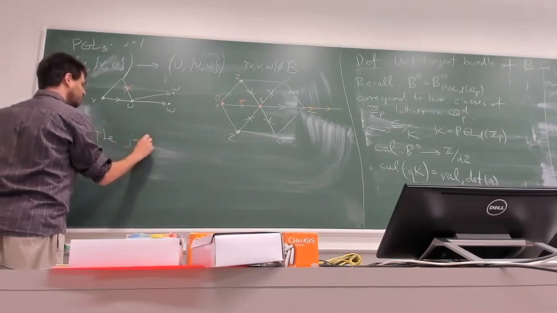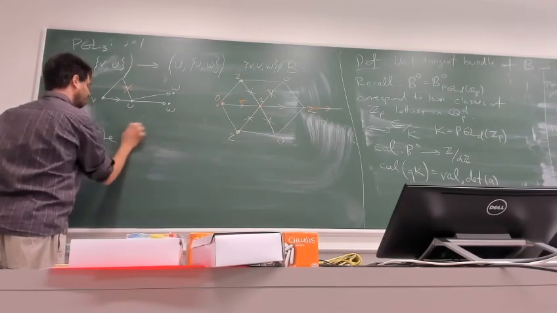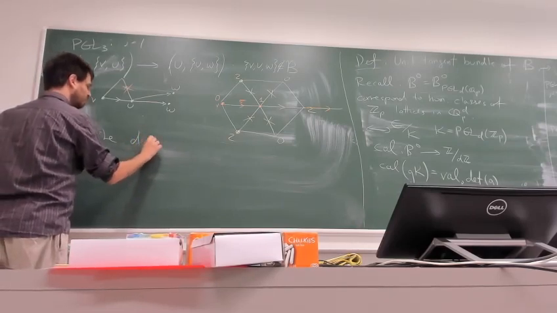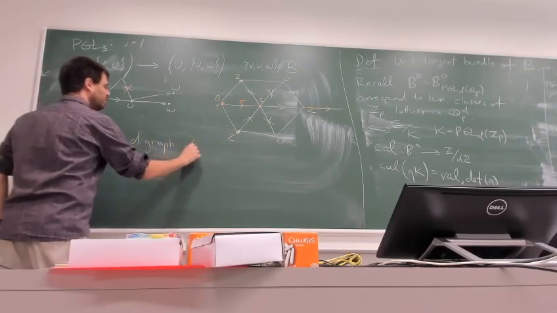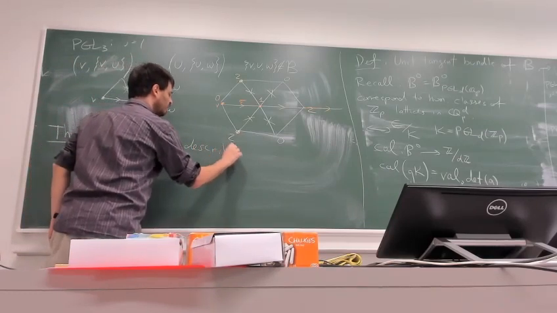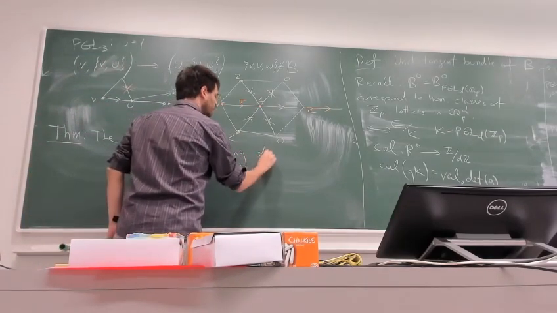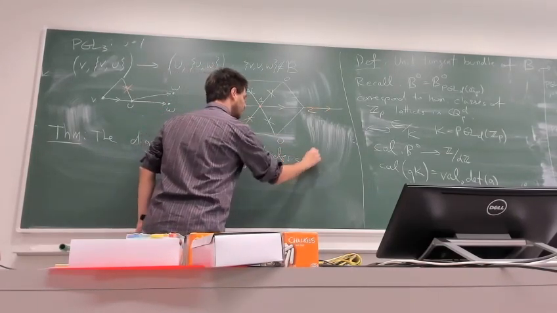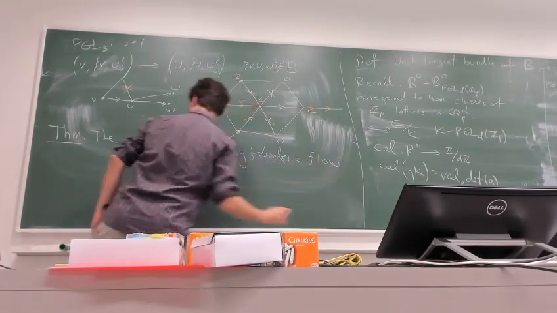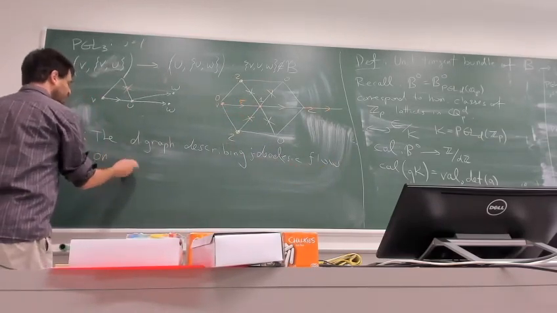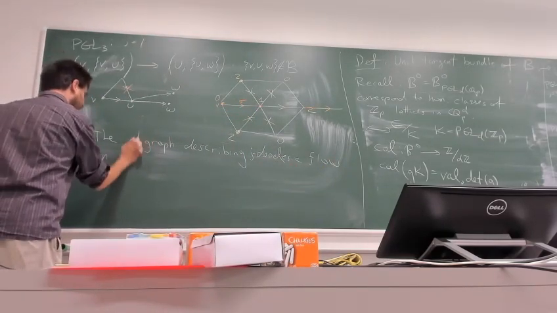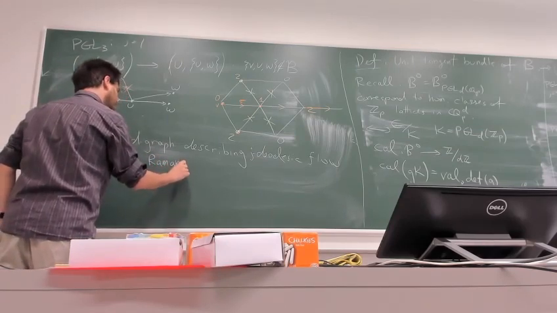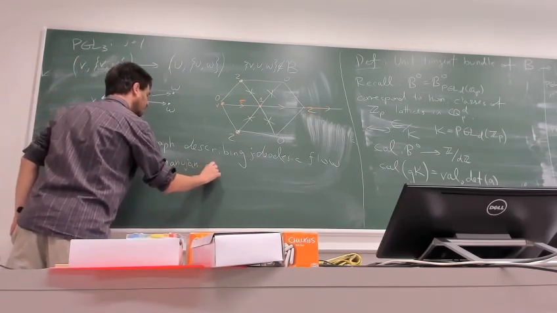The J geodesic, or let's write it that way, the digraph describing J geodesic flow on the building, on a Ramanujan quotient, Ramanujan complex.